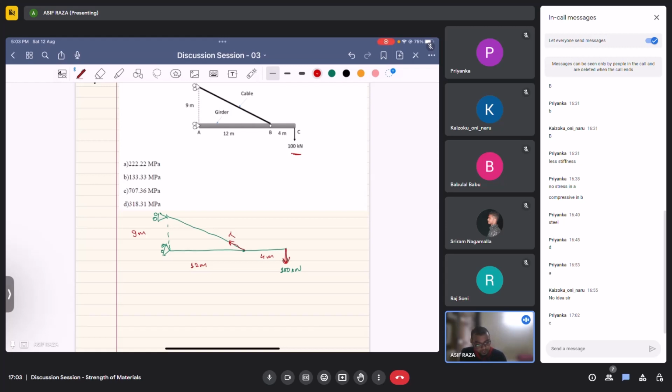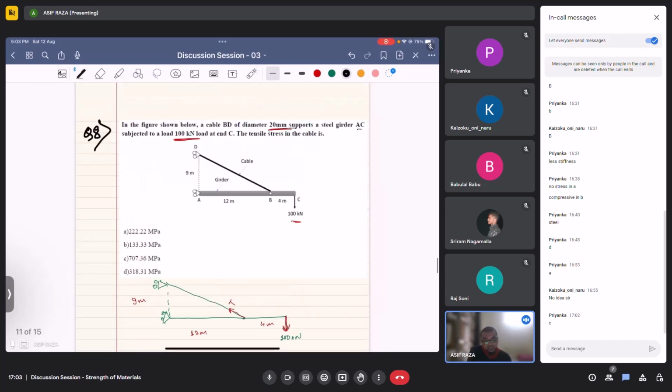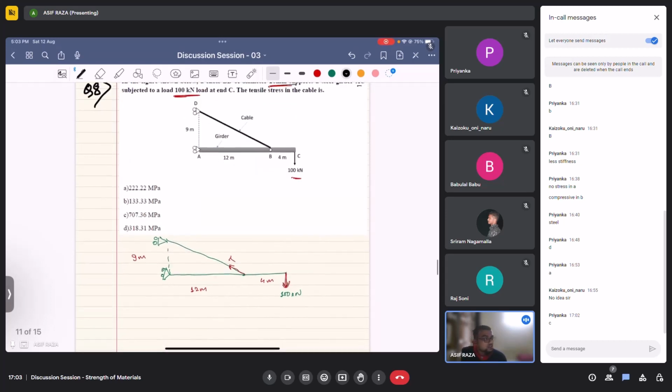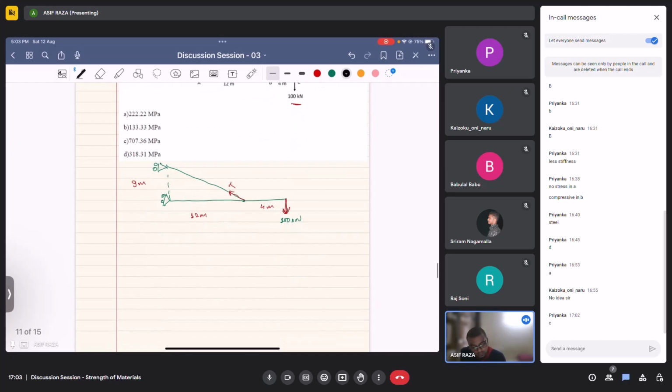Now first thing first, we need to find what would be the tension T, right? To find the stress in the cable, we just need to find the tension T present in the cable, and then stress would be equal to load upon area, and in this case it would be T upon pi by 4 d square, right?